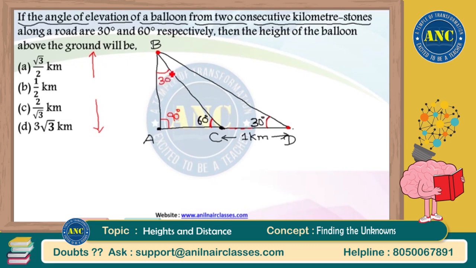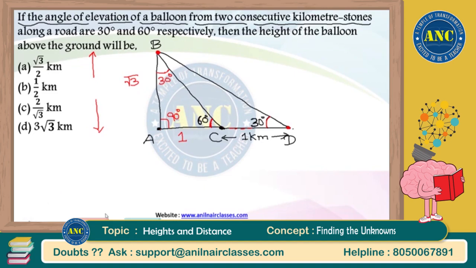Opposite to 30, if I assume AC value as 1, then opposite to 60, which is AB, will be root 3 units. Opposite to 30, if it is 1, opposite to 60 will be root 3.